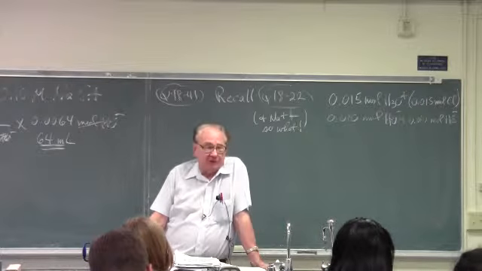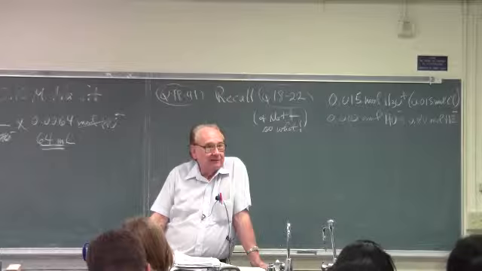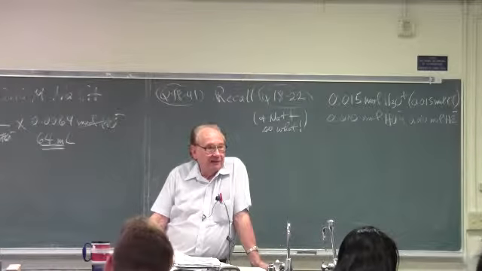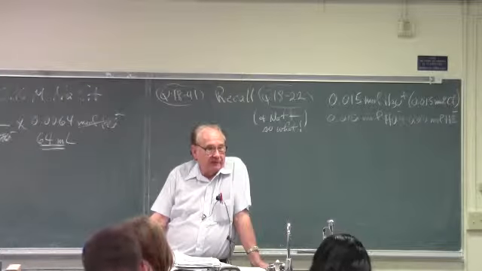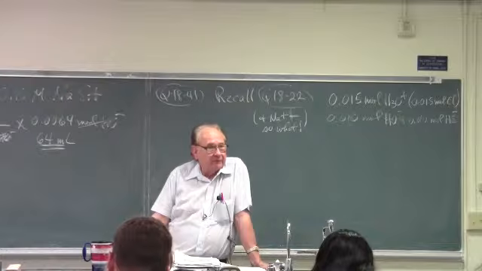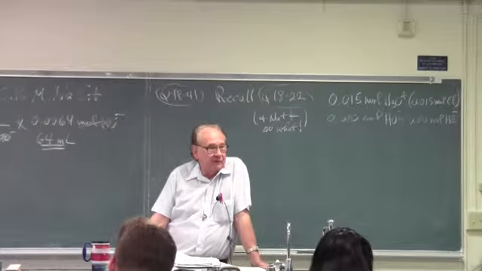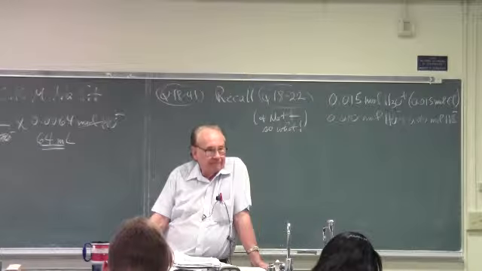What's the difference, this one versus 1822? The volume is different. Volume of what? HCl. Yeah. The hydrochloric acid solution volume is greater. Is it greater for 1841 or smaller for 1841? Greater by 100 milliliters.